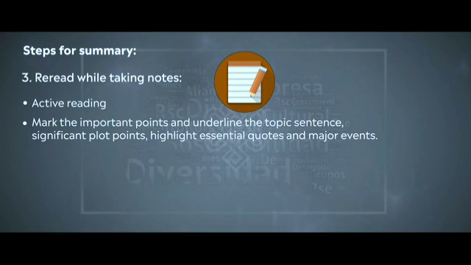You also have to underline the significant plot points of the story. And you have to highlight essential quotes and major events that you see in the text. So you are reading it very actively, keeping everything in mind. In other words, I would say mindful reading takes place in the third step.